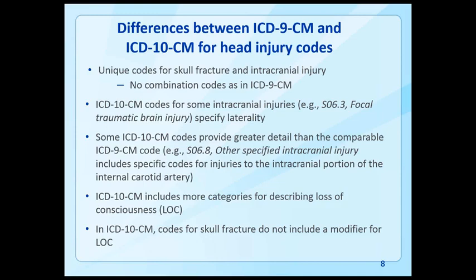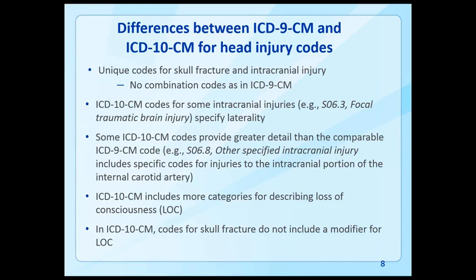The other thing that's new in ICD-10-CM is that for some of the intracranial injuries, and in particular S06.3, which is a focal traumatic brain injury, it specifies whether or not that injury happened to the right side of the brain or the left side of the brain. So again, more detail, more information available in ICD-10-CM compared to ICD-9-CM. That's also reflected in other codes that provide, again, more detail.